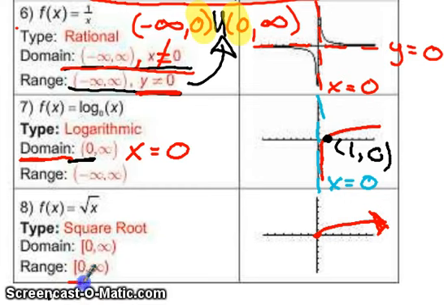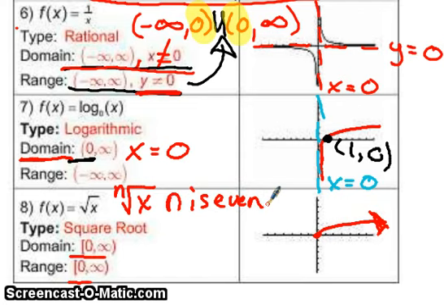Both of these have a bracket instead of a parenthesis, so like we saw earlier with absolute value, that means there is no asymptote on this equation. One thing I do want to add is that this goes for any function where n is even.